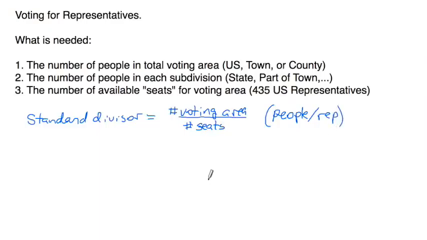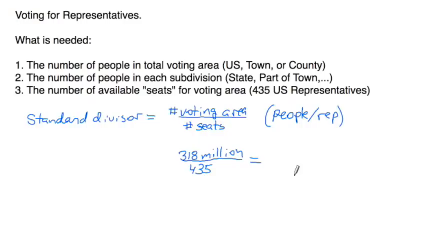Alright, so if we're talking about the United States, there are 318 million people, approximately. And there are 435 seats available for these representatives. So if you divide this, it tells you how many people are represented by one of these representatives.